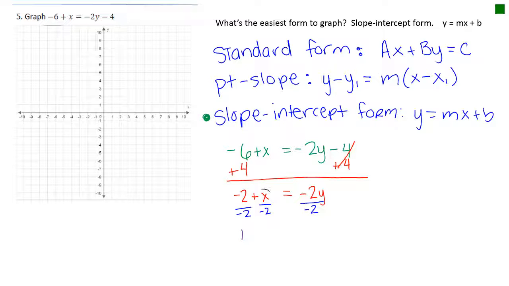And then what we have here looks a little funky right now. This is the same thing as minus 1/2 x. An x divided by negative 2 is the same thing as a negative 1/2 x. And that's going to be equal to y.